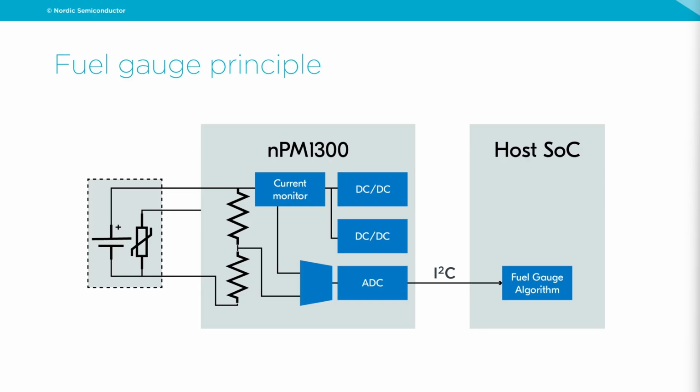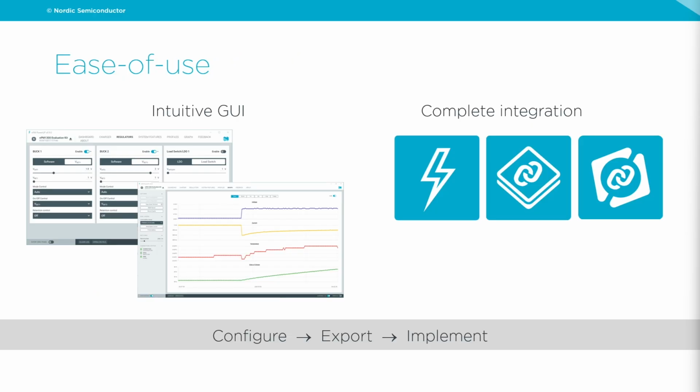To make life a little bit easier for the developer, we have decided to make ease of use better by implementing this intuitive GUI to configure, export, and implement this functionality. And it's fully supported by the nRF Connect SDK through the nRF Connect for VS Code application extensions as well.